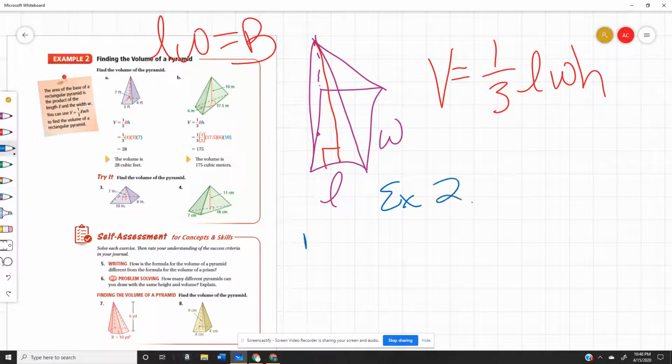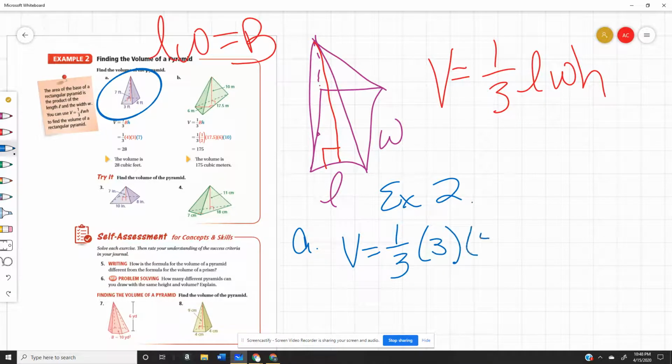Example 2A. They give us the pyramid right here. So volume equals 1/3, the 3 for the length, 4 for the width, and 7 for the height. Okay? 1/3 times 3 is 1, times 4 times 7 is 28.